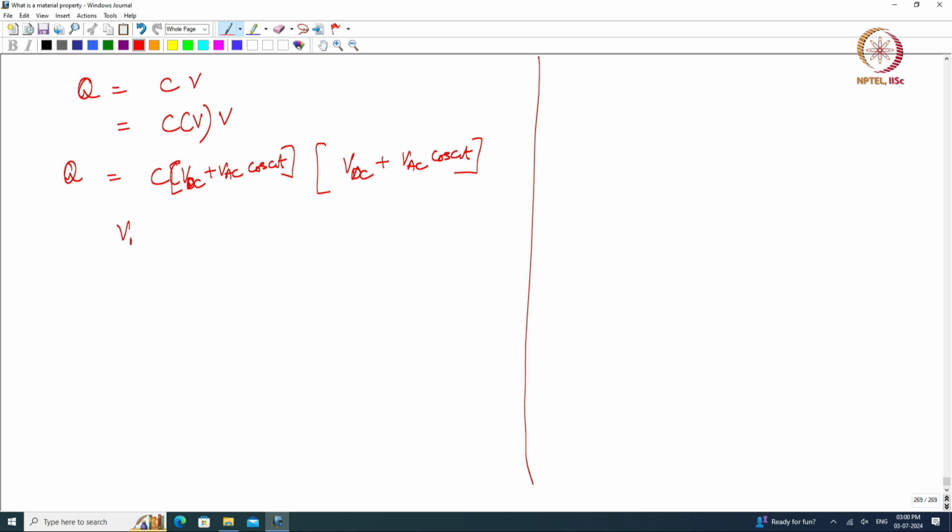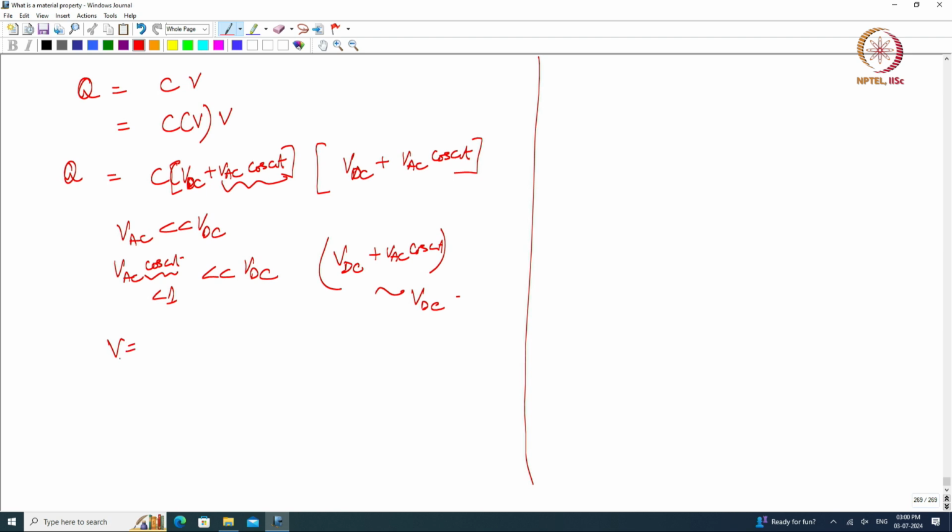Now, since VAC is much less than VDC, I can sort of ignore the variation in the capacitance, and just approximate V to be VDC. So if VDC is 5 volts, VAC will be something like 0.1 volt.